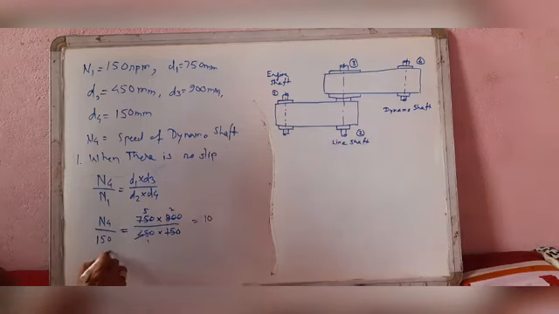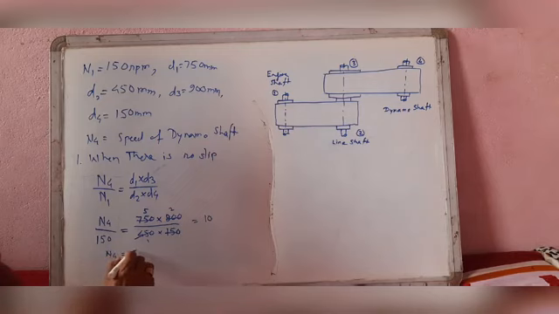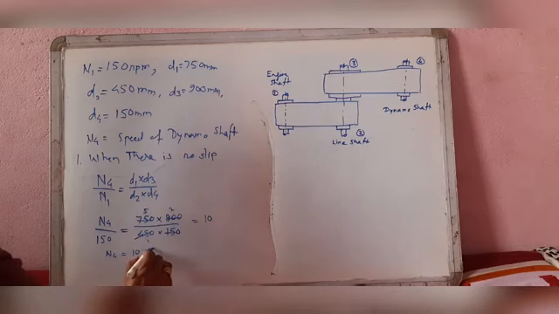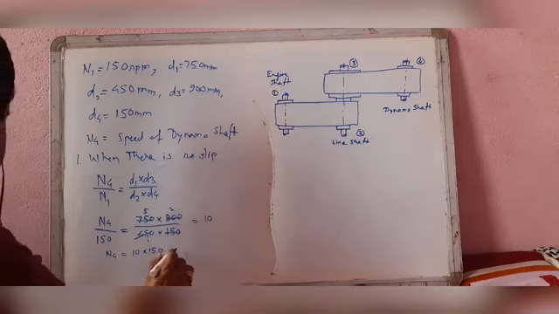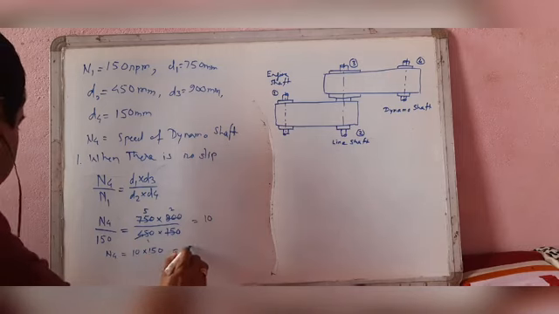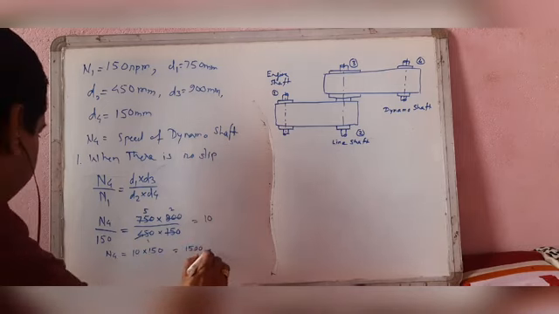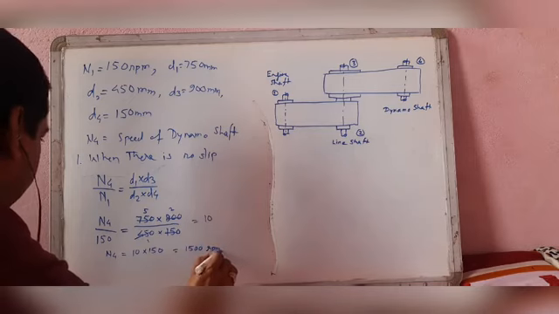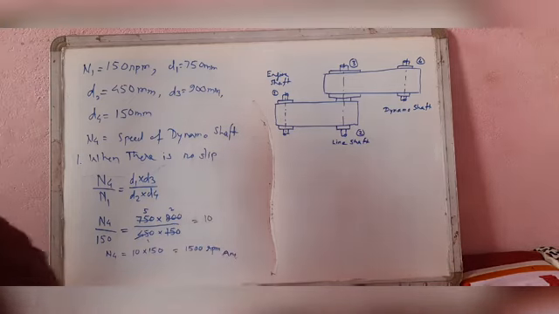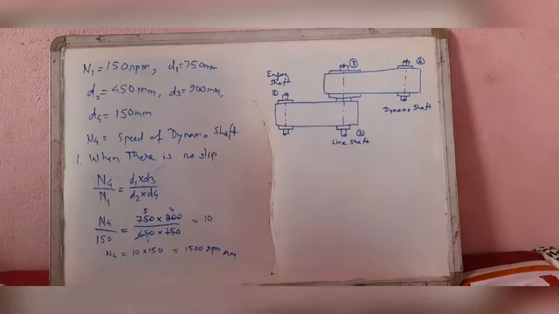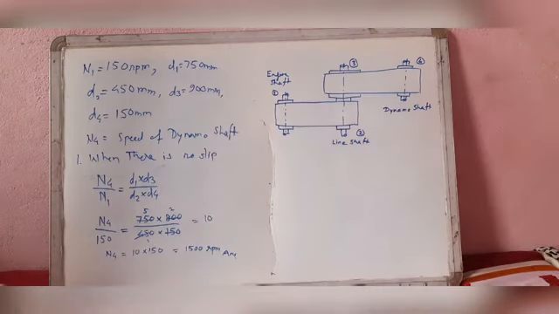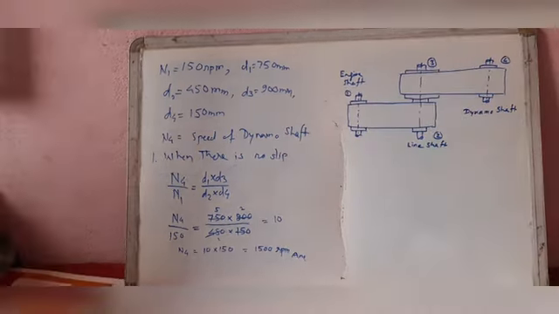So N4 equal to 10 into 150, that is equal to 1500 rpm. This is the answer.